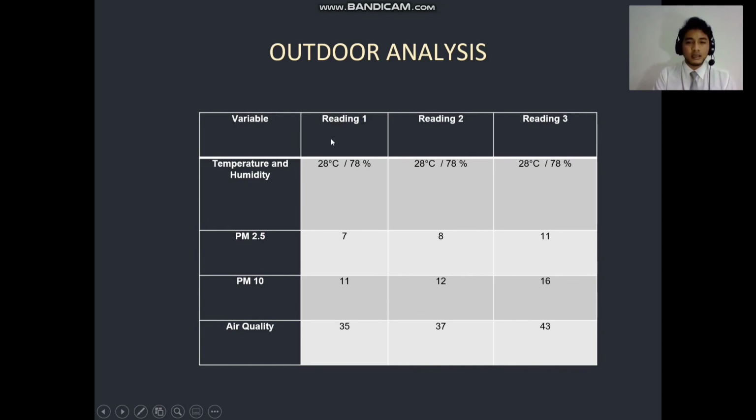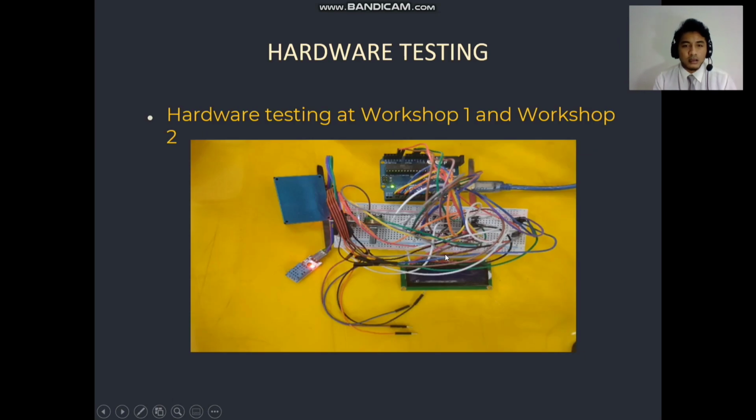There are three readings that have been taken. The temperature and humidity are normal, PM 2.5 and PM 10 are normal values, and we can live without worries. The air quality for these three readings is normal. This is hardware testing at workshop 1 and workshop 2.